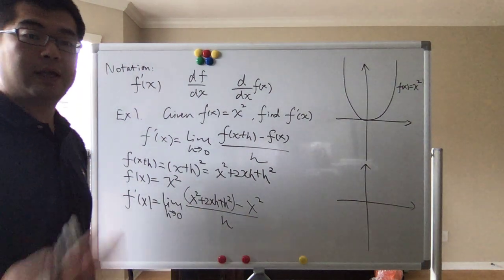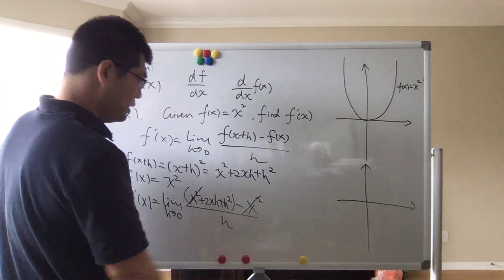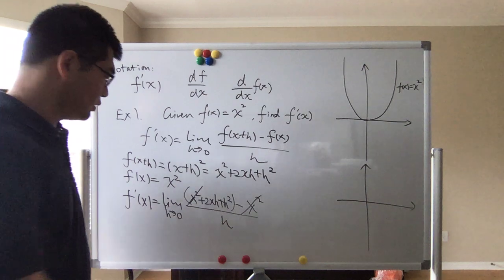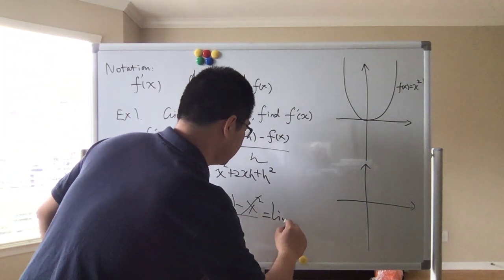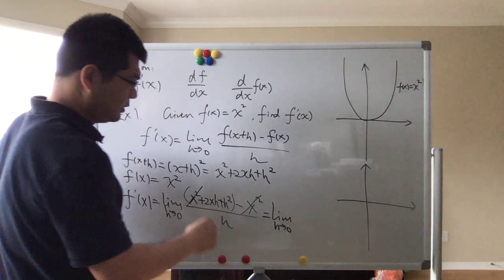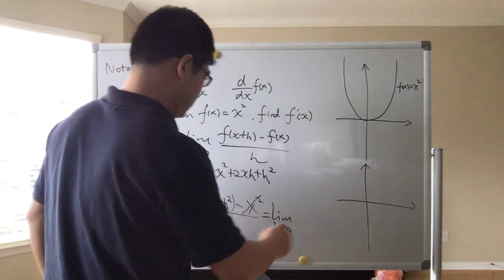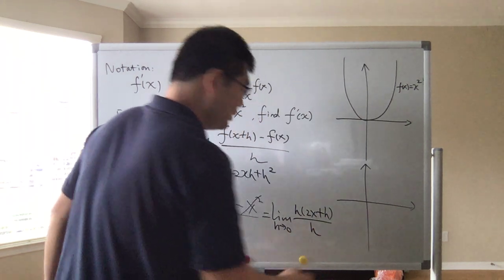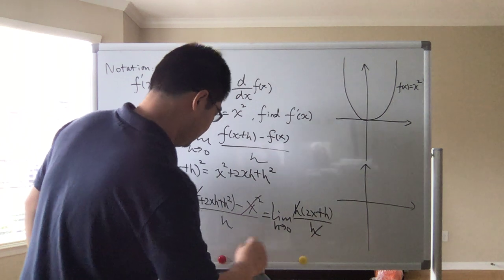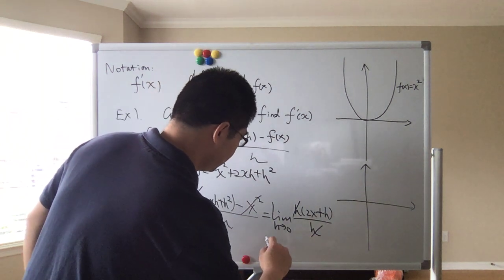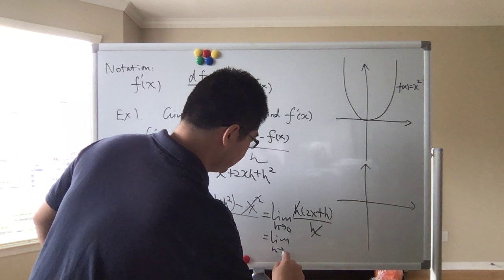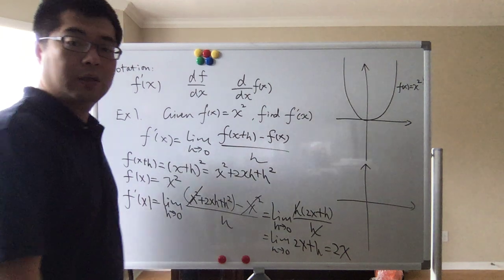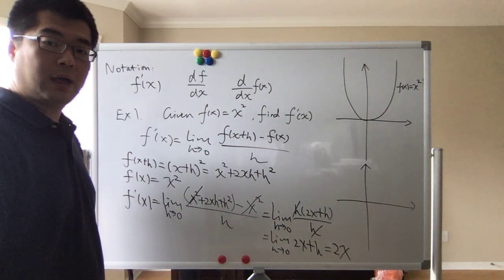Clearly you can see that x squared minus x squared cancel out, and there is 2xh plus h squared on top over h. You can easily simplify this because on top you can factor out h and make the cancellation: h times 2x plus h, over h. So h and h cancel out. Hence this limit becomes the limit as h approaches 0 of 2x plus h, and we know that equals 2x.